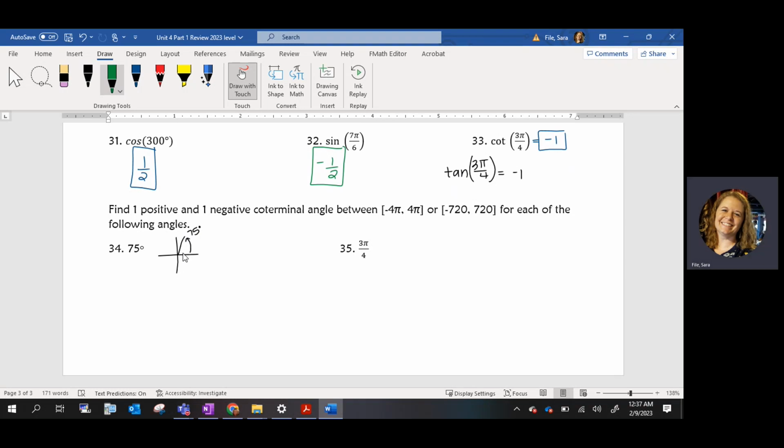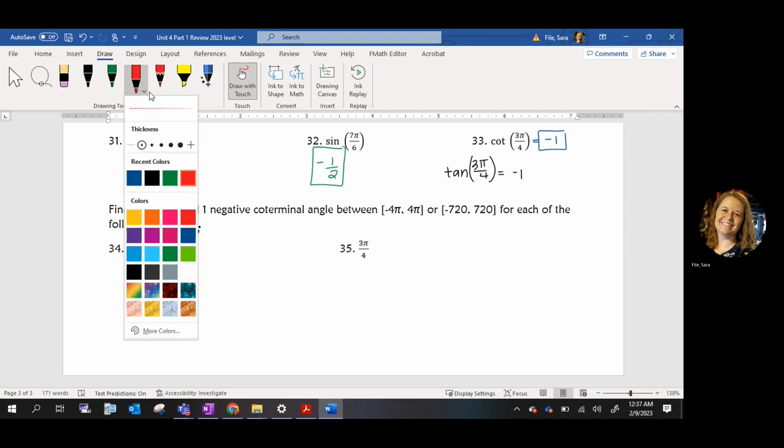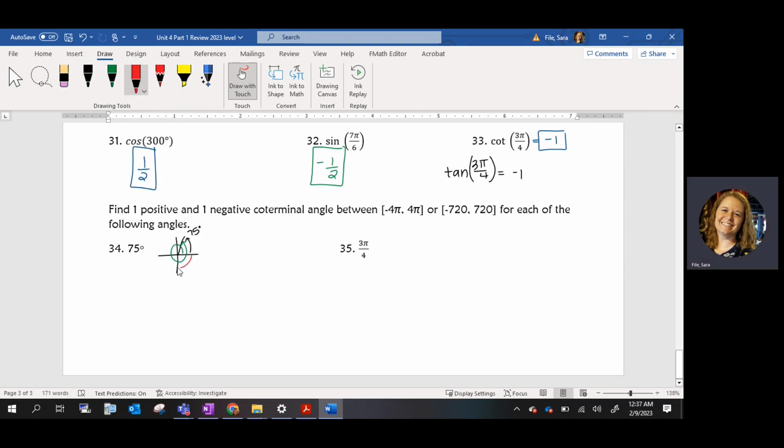So going in the positive direction and spiraling back around to get there. So it's your original 75 plus 360.